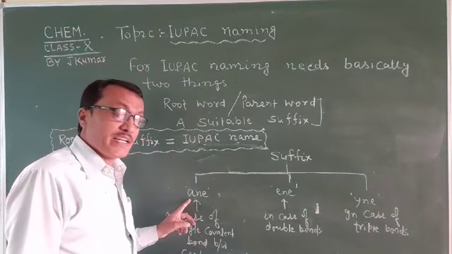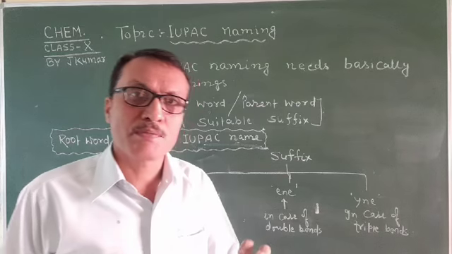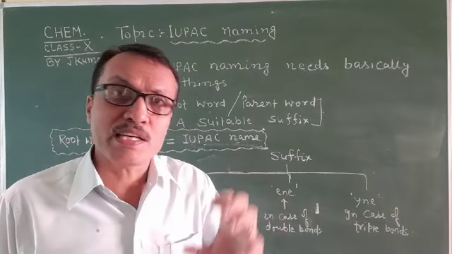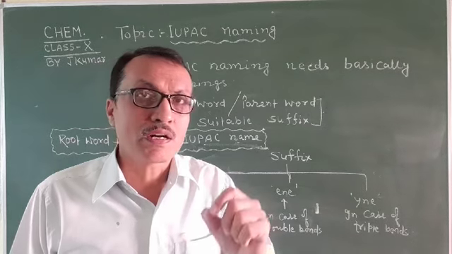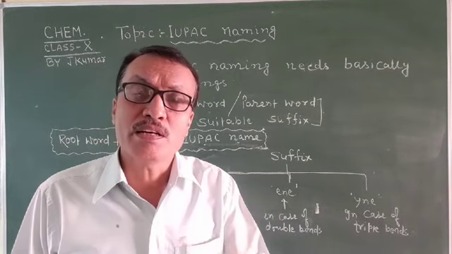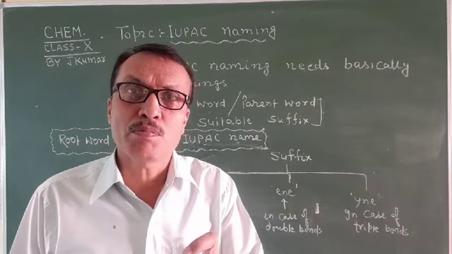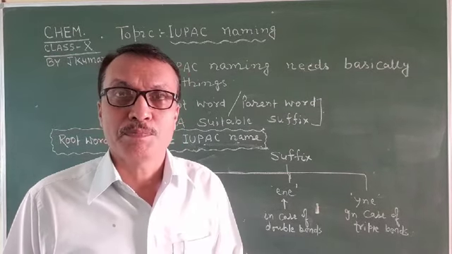Now where should ane, ene and yne be used? Students, the suffix "ane" should be used when the compound is saturated, or when there is a single covalent bond between carbon and carbon atoms in that compound.